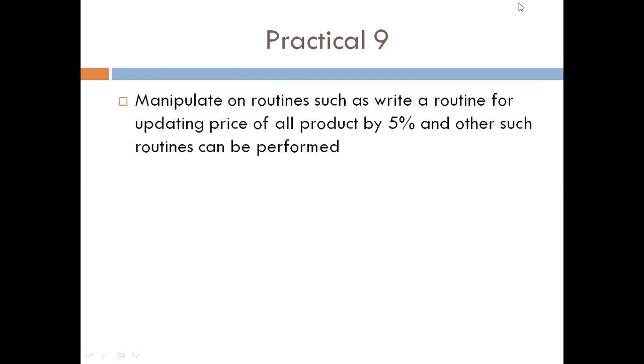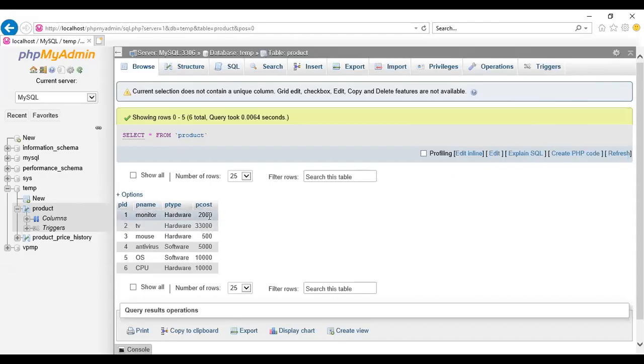Now see here, the cost of monitor is 2000. So after applying this particular procedure, the P cost of the monitor will be increased by rupees 100. So now it will be 2100. So it is increased by 5%. Okay.